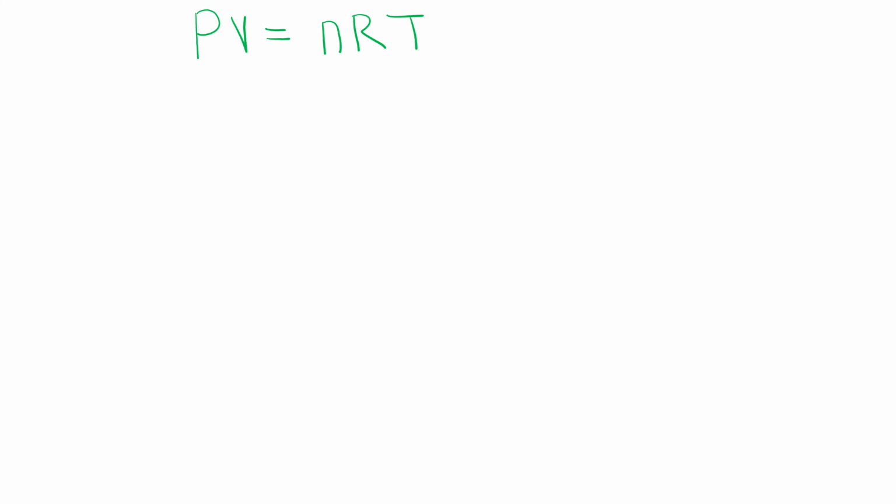Okay, so at the top of the slide we have the original ideal gas equation. Pressure times volume equals the amount in moles times the ideal gas constant times temperature.